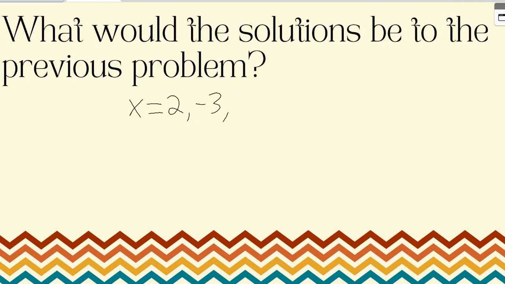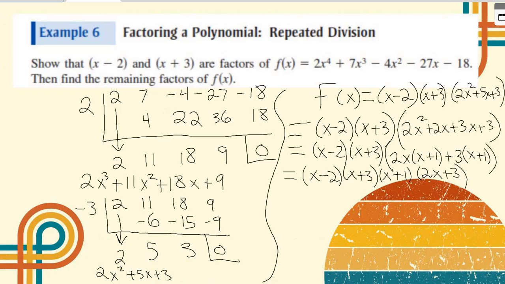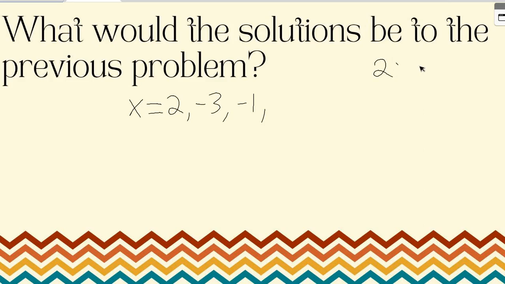If I set x plus 1 equal to 0, we get negative 1, and then if we set 2x plus 3 equal to 0, what would we get there? We would subtract 3, negative 3 over 2, which is also negative 1.5. Either one is fine.